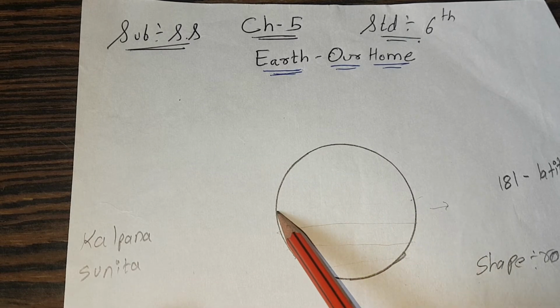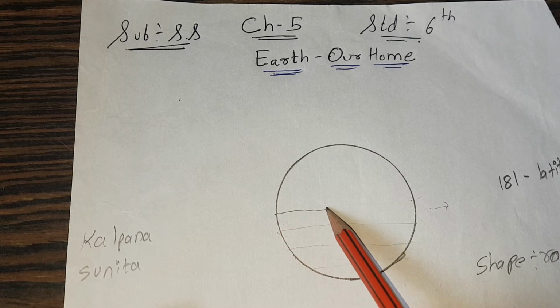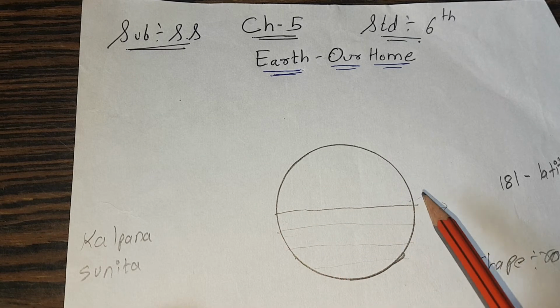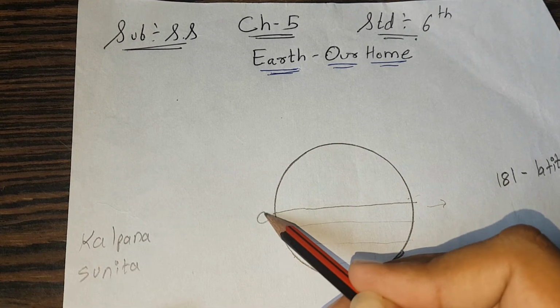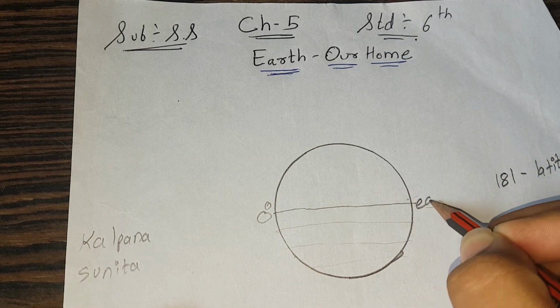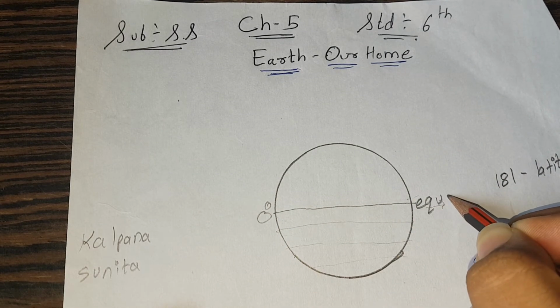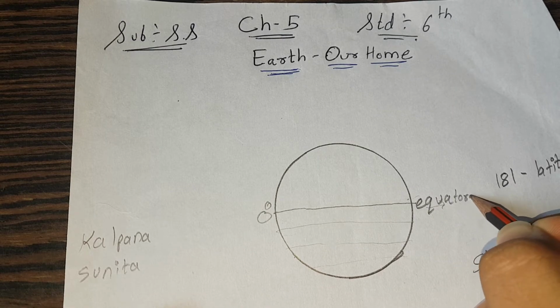At the middle of it, at 0 degree, is the Equator, which is known as 0 degree. Here we have to write Equator.